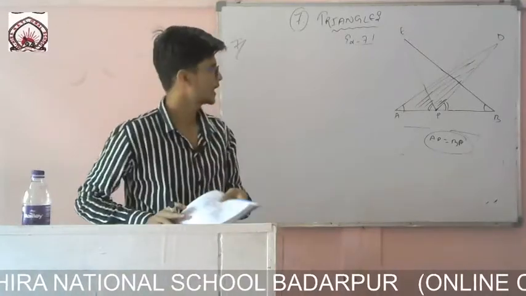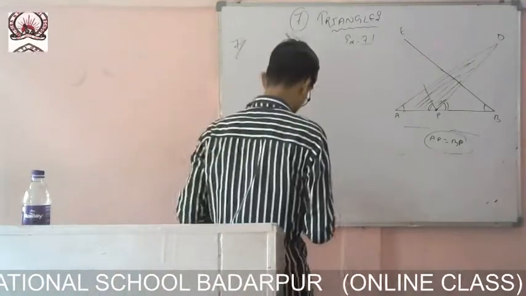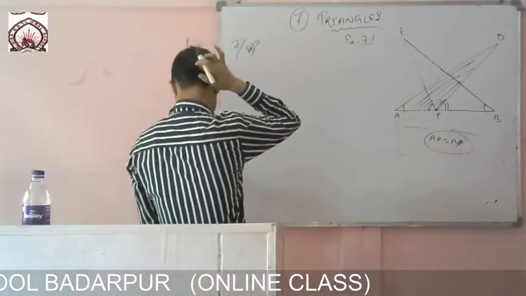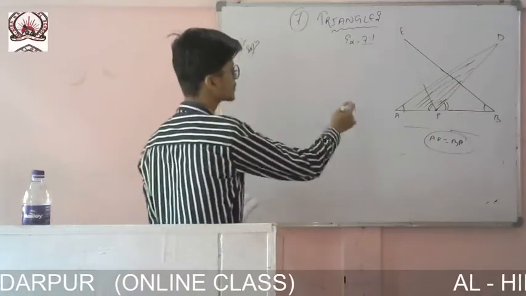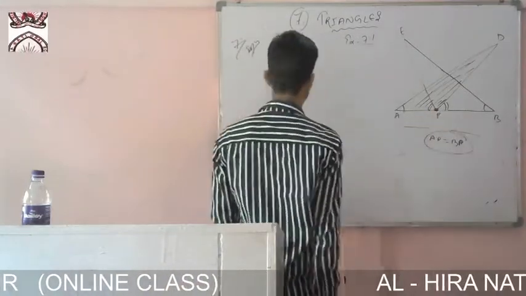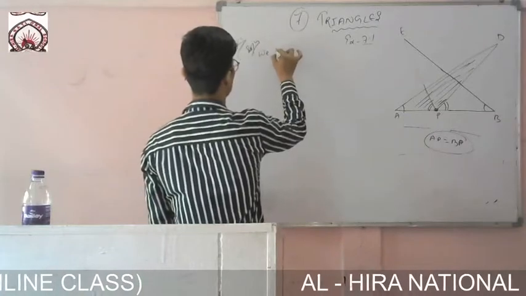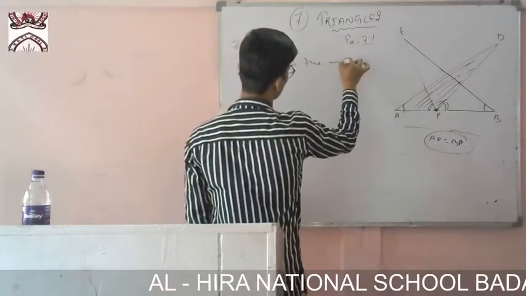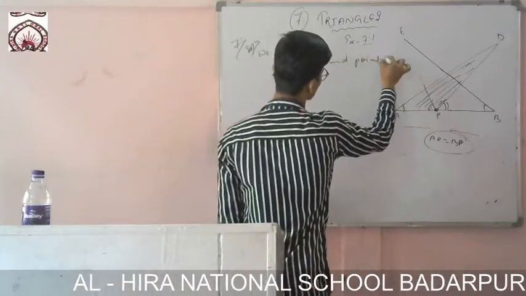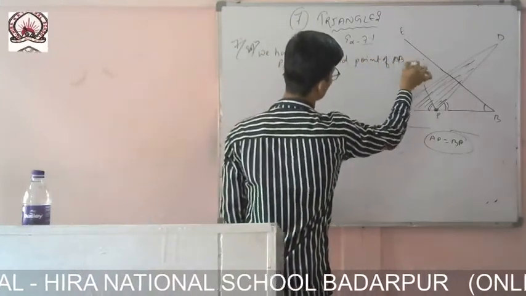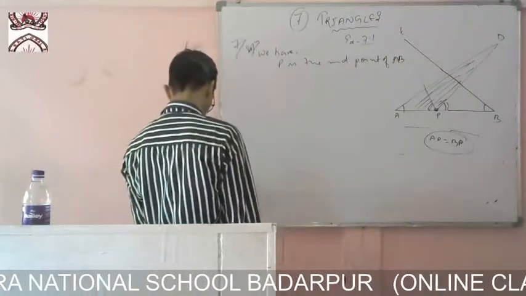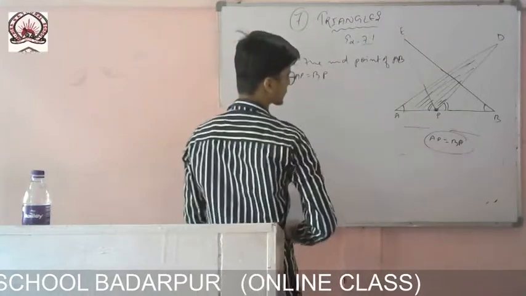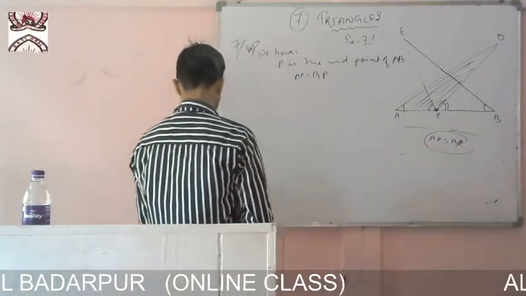Okay. So let me write what is there in the question. So we have P is the midpoint of AB. You see what I have said earlier. P is the midpoint of AB. That means AP is equal to BP.